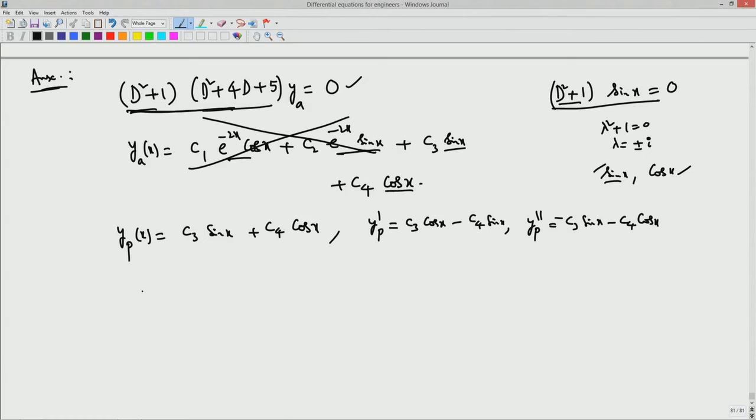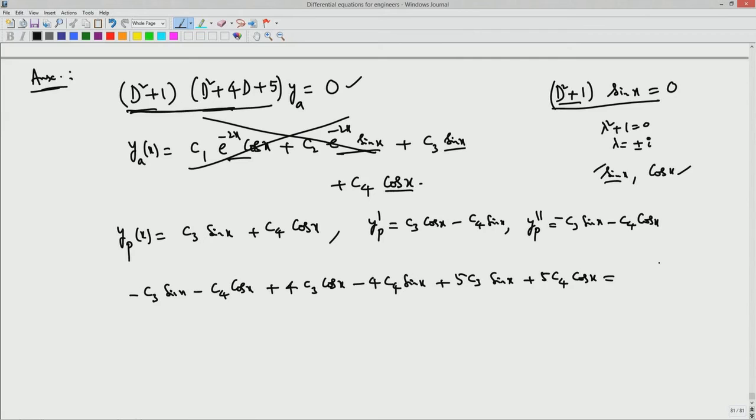Now, you substitute into the equation. So, you will get minus C3 sin x minus C4 cos x plus 4 times yp dash, that is 4 C3 cos x minus 4 C4 sin x, plus 5 yp, that is 5 C3 sin x plus 5 C4 cos x.